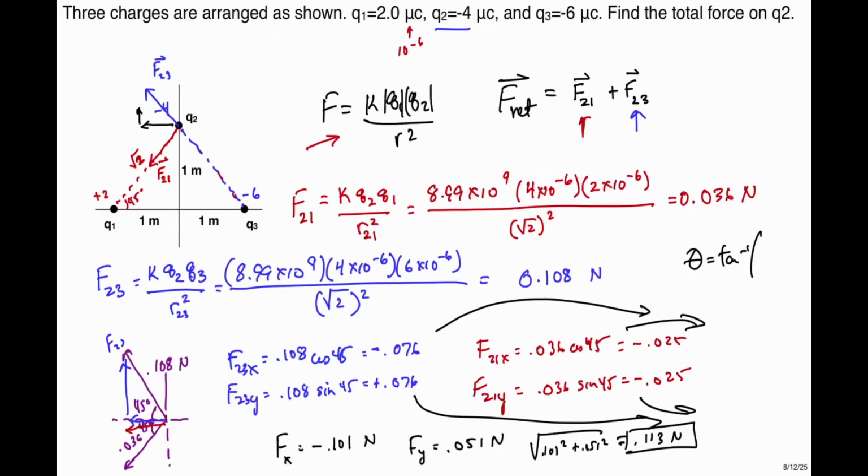The y component, 0.051 over the negative 0.101 for the x component. This gives me a negative 26.8 degrees. But again, you have to know that this is pointing into the second quadrant, right?